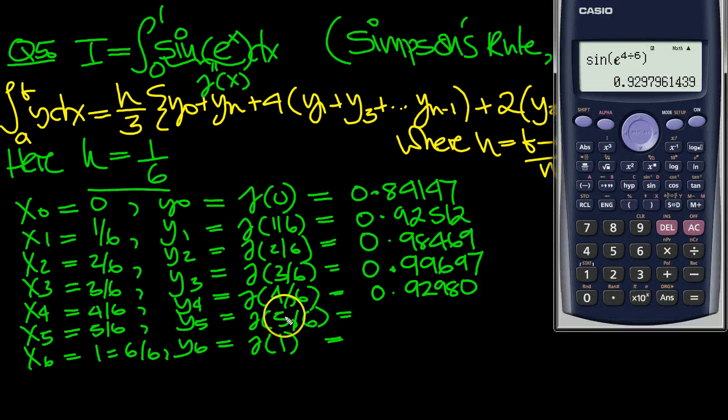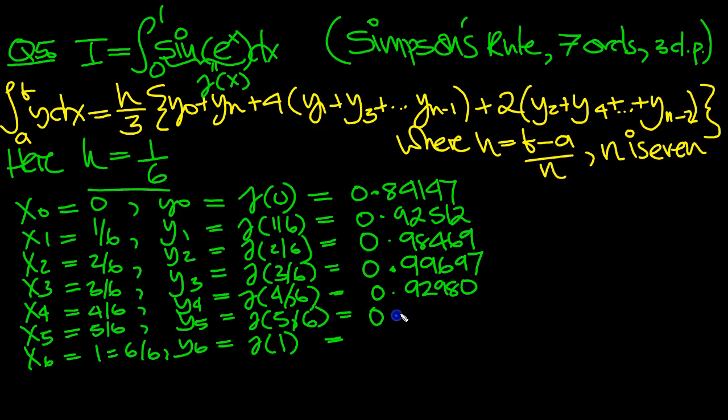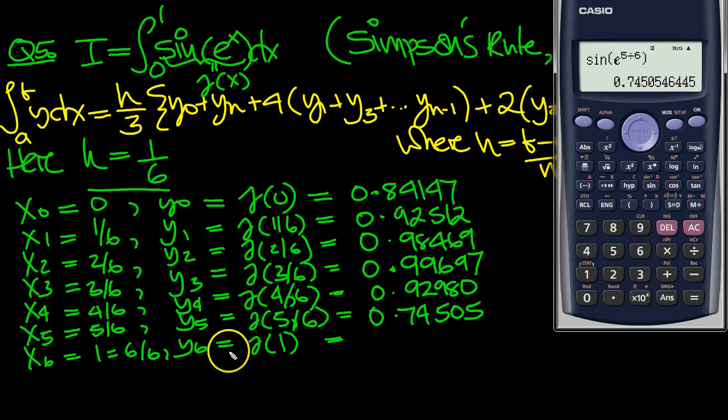Next one is 5/6. 0.74505. And the last one, put 1 in, so 6/6 really we could put, couldn't we? So we've got the same form, that's fine. 0.41078.